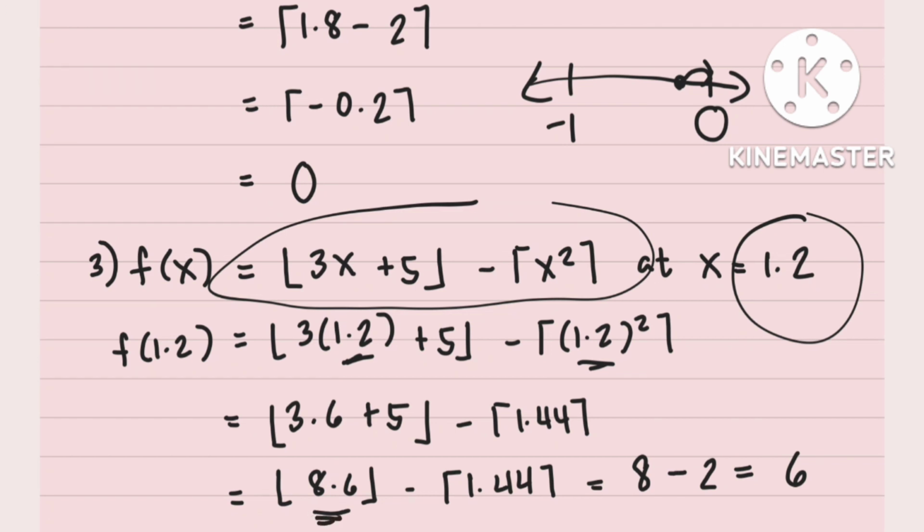And the floor value of 8.6 is 8. Here, 1.2 raised to 2 gives 1.44. And the ceiling value of 1.44 is 2. Therefore, we have 8 minus 2, and that is equal to 6.